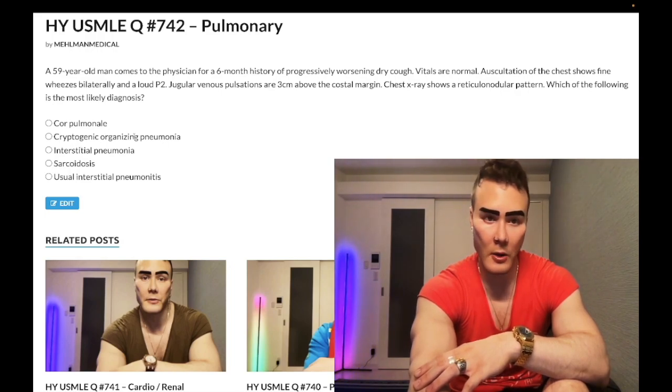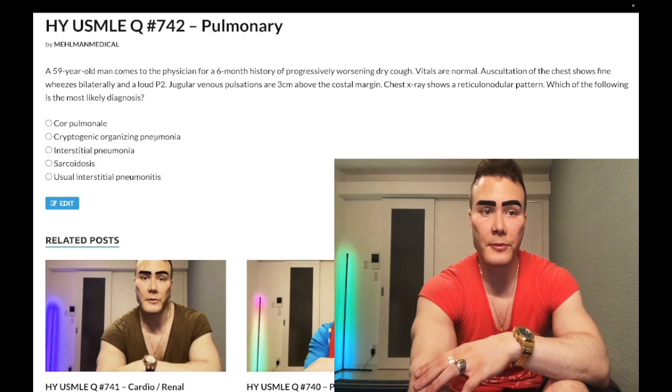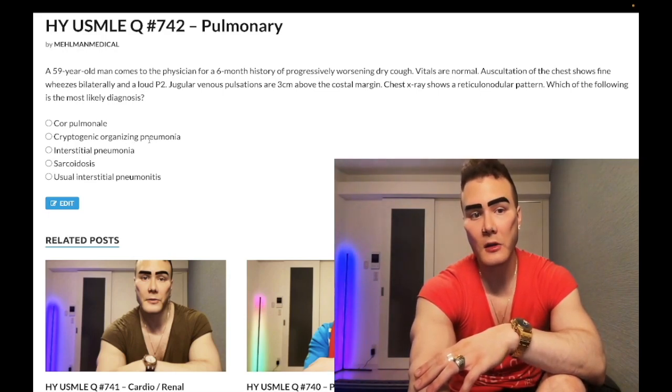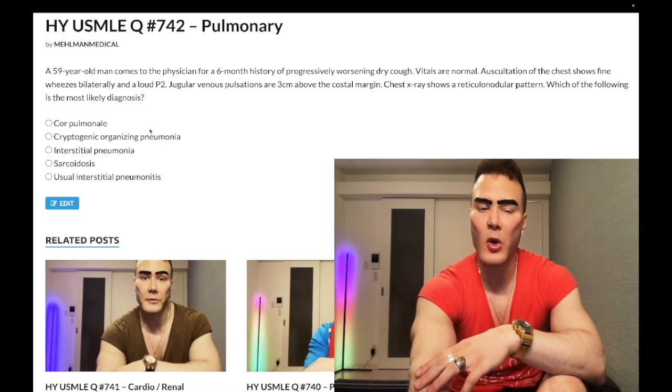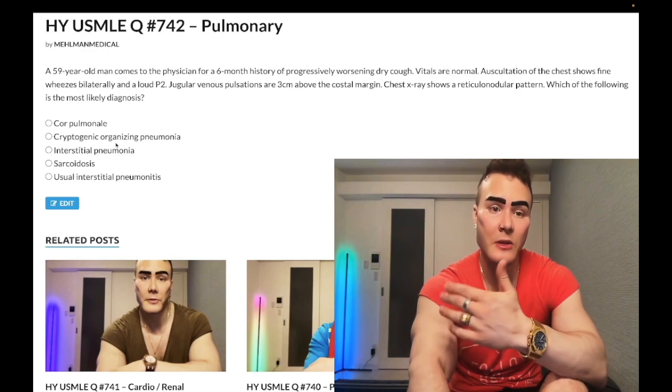Choice B, cryptogenic organizing pneumonia, aka bronchiolitis obliterans organizing pneumonia. Wrong answer. So, as I've talked about in my prior content, when you don't know an answer, don't choose weird sounding stuff. I don't think I've ever seen this as an actual correct answer on any NBME assessment. I've seen it float around as an incorrect distractor answer, sure. But in theory, this is just going to be a patient where it sounds like a pneumonia.